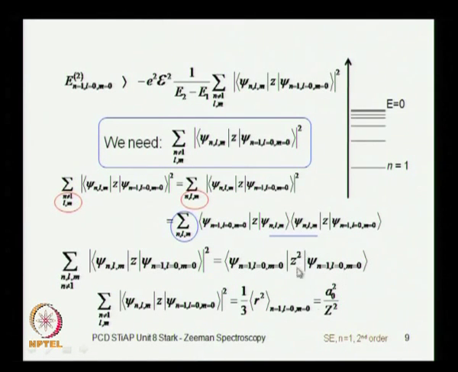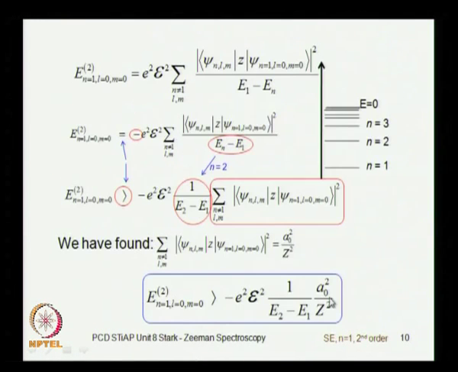So now we have found the quantity that we needed, a0 square over Z square, and using this we find this bound: the second order correction to the ground state of the hydrogen atom due to the Stark effect will be certainly greater than this quantity over here, which is 1 over E2 minus E1, and you know what E2 minus E1 is, so you can find that out.